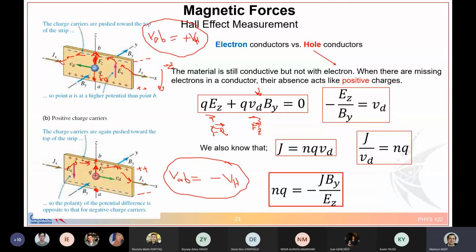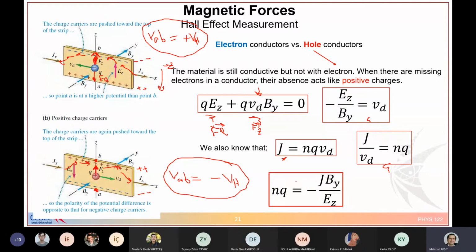But we know that current density is NQVD. We say NQ is J over VD. Then combining this equation and this one here gives you NQ is equal to minus J BY over EZ.